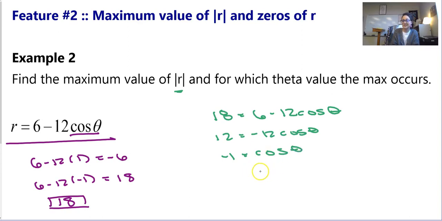I'm getting cosine of theta is -1. So for what angle is cosine equal to -1? That would be theta equals pi, right? At 180 degrees or pi radians, the x value here is -1, and cosine is the x-coordinate on the unit circle. So that is where the max value occurs.